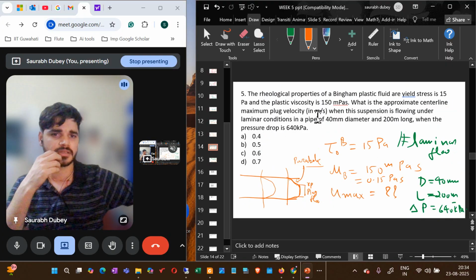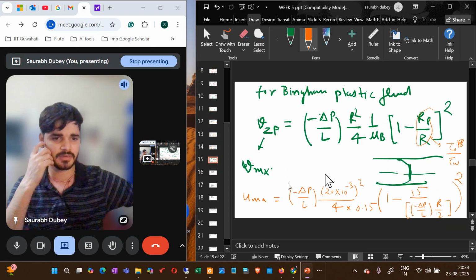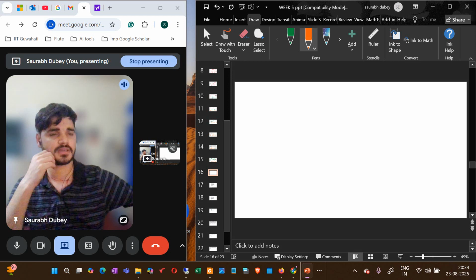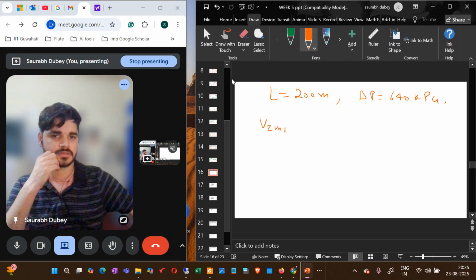And you know that the pressure drop that you are given is 650 kilopascal and L you had as 200, right? When you put everything in that expression, L equals 200 meter and delta P equals 640 kilopascal, then Vz max, the flow velocity, equals 0.6 meters.